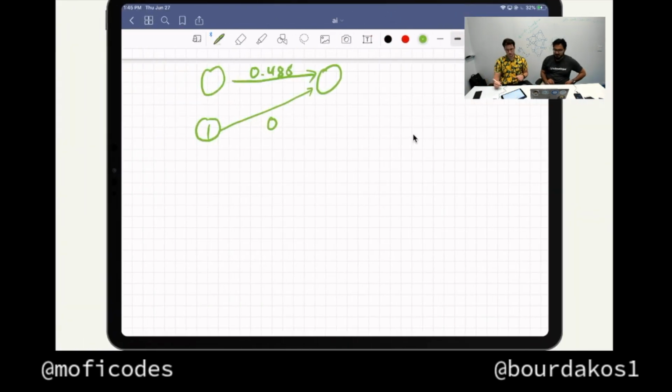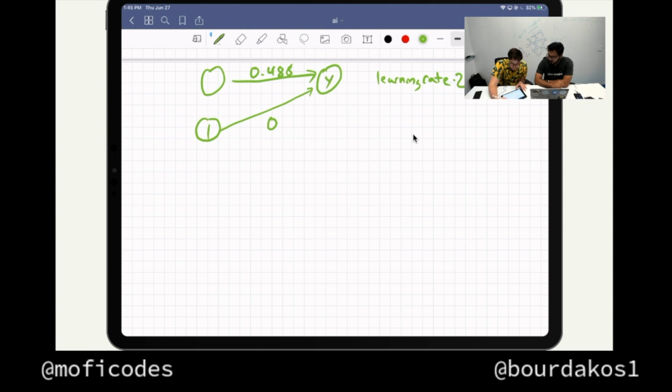Okay, there you go. So now we have this equation that we're going to use to actually update our weights: learning rate times 2 times the target. I'm just going to call the output y.